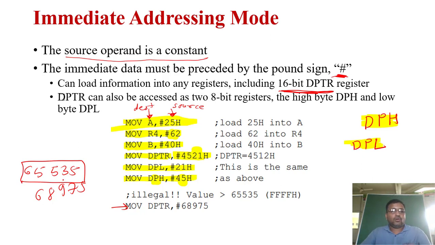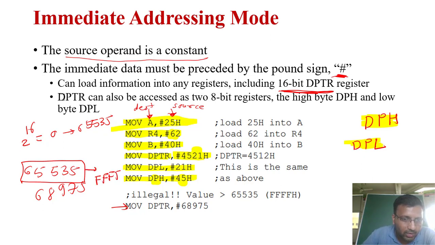Based on this, how does this value come? 2 raised to 16 is equal to 65536 actually, but it starts from 0 to 65535. So it supports only these values. If you convert this decimal value into hexadecimal, you will get FFFF.